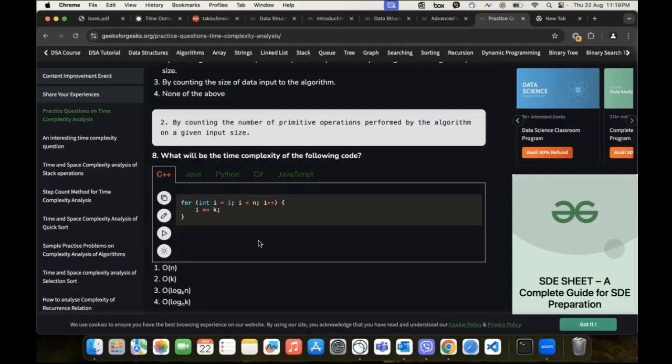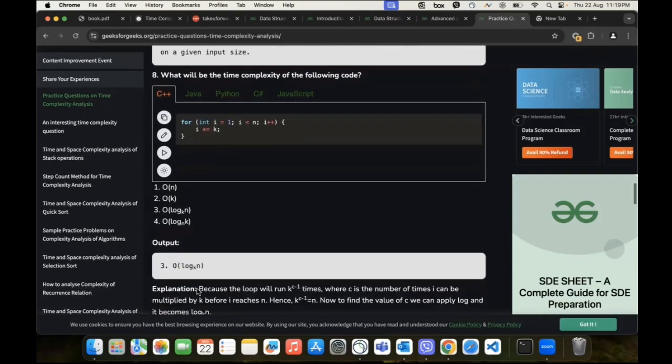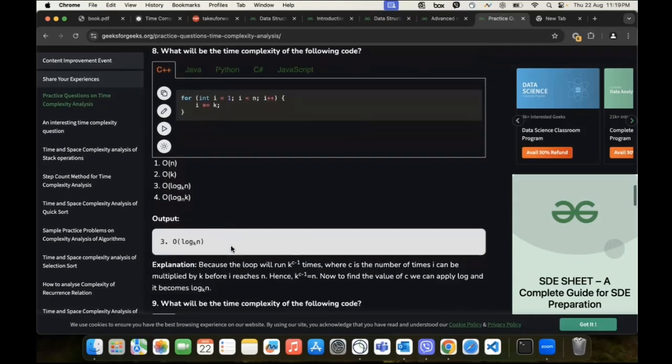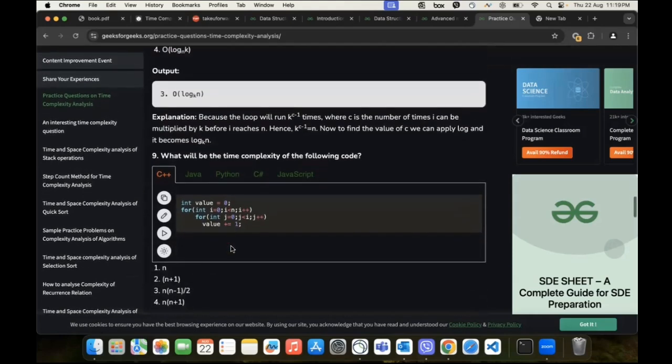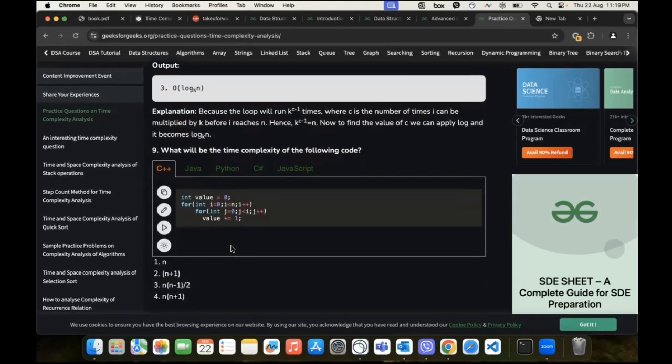Similar series will be here. If it is k = 2, it will get multiplied by 2 and then again 2 and again 2. And if it is some other constant, it will get multiplied by k. So log of n base k.